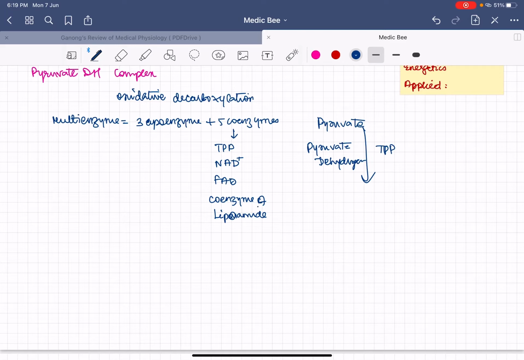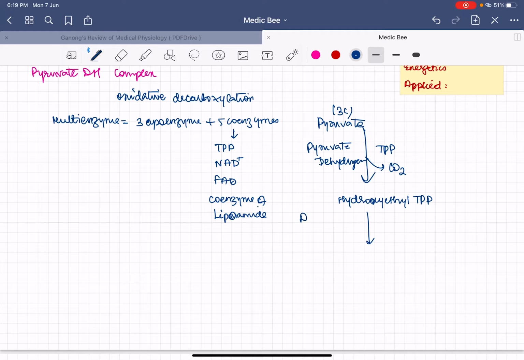At the end of this process, with the removal of carbon dioxide, which is why it is called oxidative decarboxylation, the 3 carbon pyruvate gives out a 2 carbon compound with TPP attached to it. The product is called hydroxyethyl thiamine pyrophosphate.